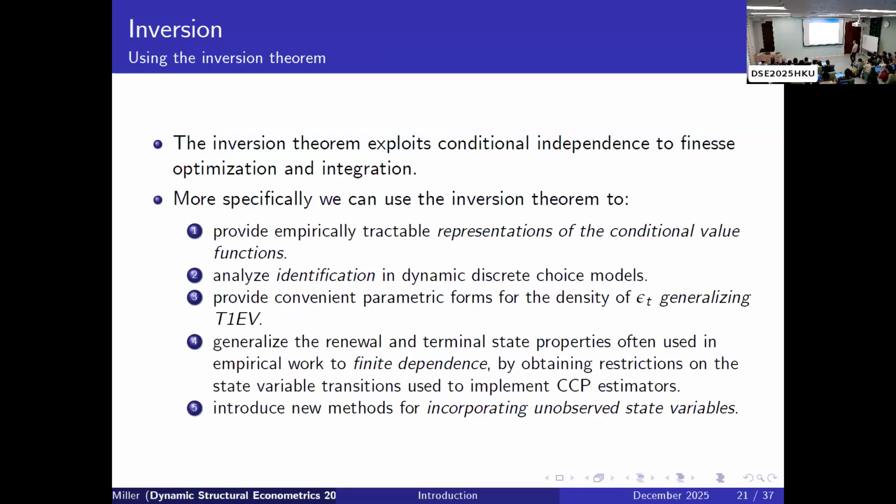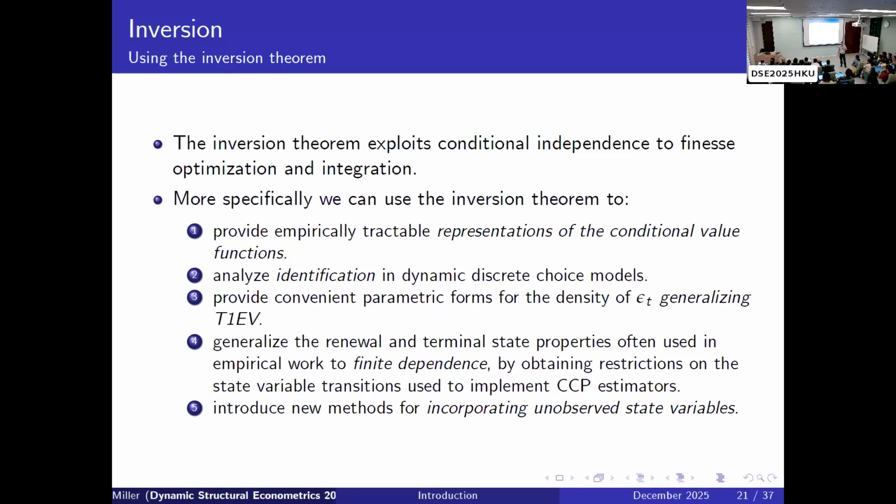Why is it useful? Okay, first of all, we can get tractable representations of conditional value functions. In other words, we're going to see in a minute that we can get representations of the conditional value functions that exploit the fact that the people have already solved their optimization problems.